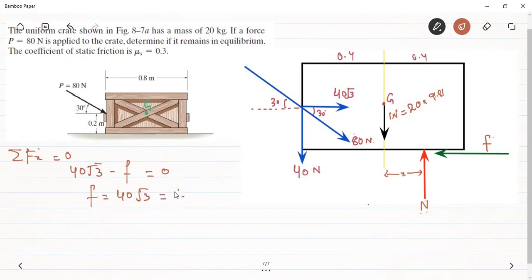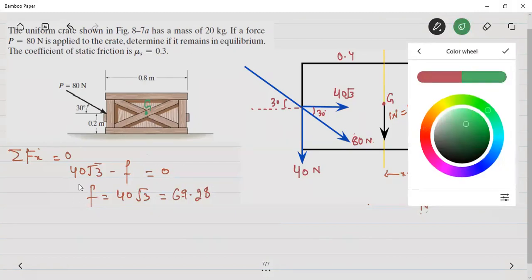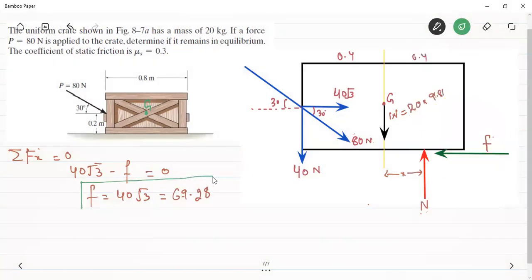This friction force comes out to be 69.28. So we have currently assumed this to be in equilibrium, and if we assume that this body is in equilibrium, we can use the equilibrium equation in the x direction, and we got the value of the friction force to be equal to 69.28 newtons.